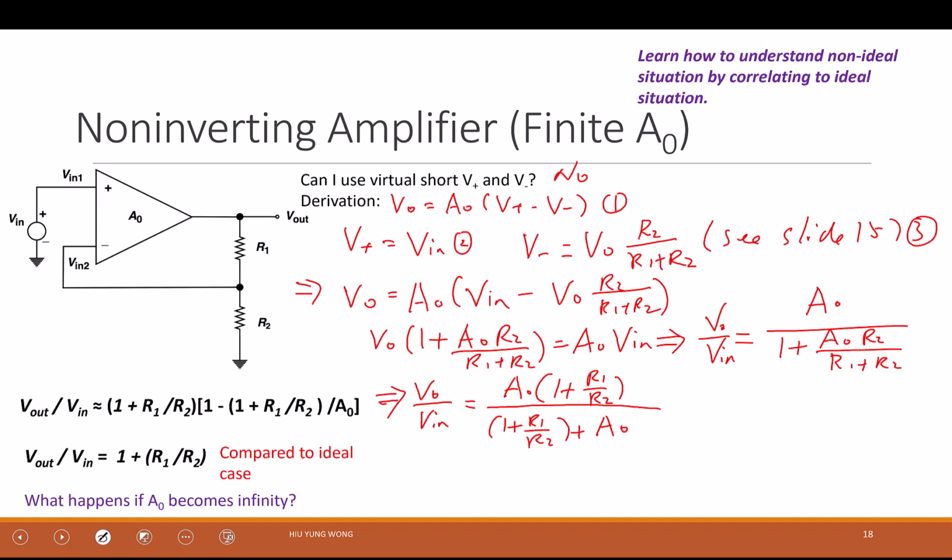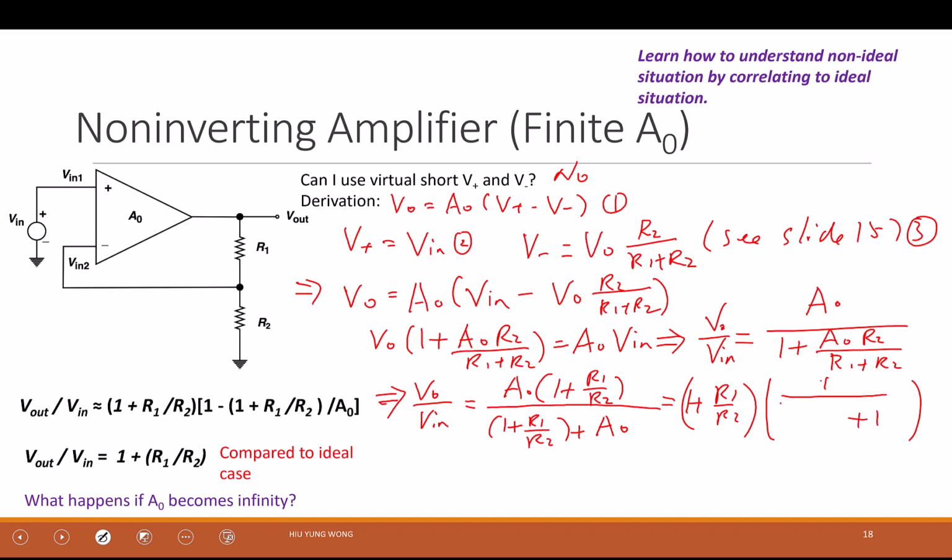And I will do one more simplification. Now I get this 1 plus R1 divided by R2 out. I have the form that I know from my ideal case, the infinite gain. How about this one? I am going to divide it by 1 over A0.